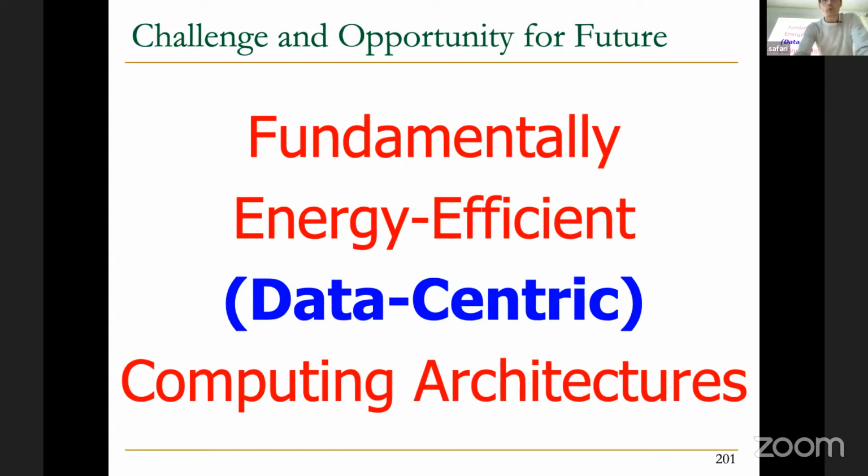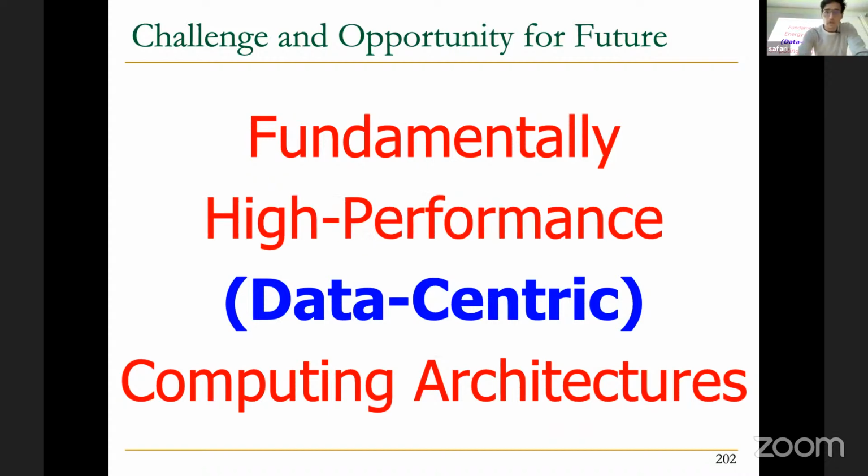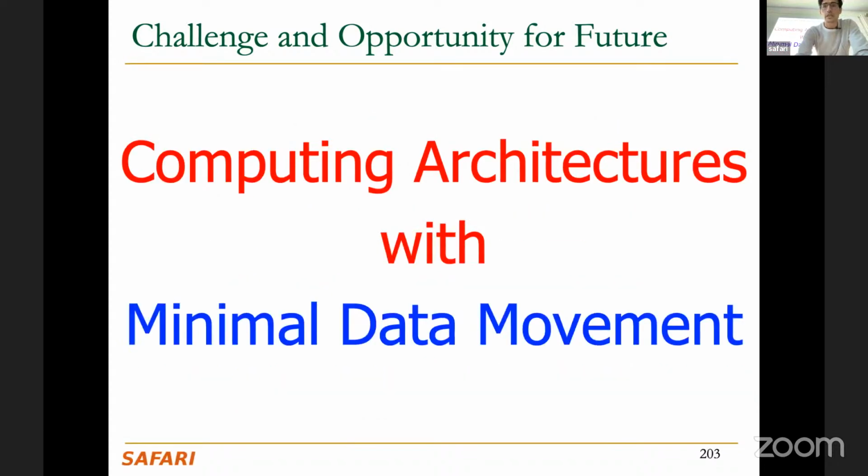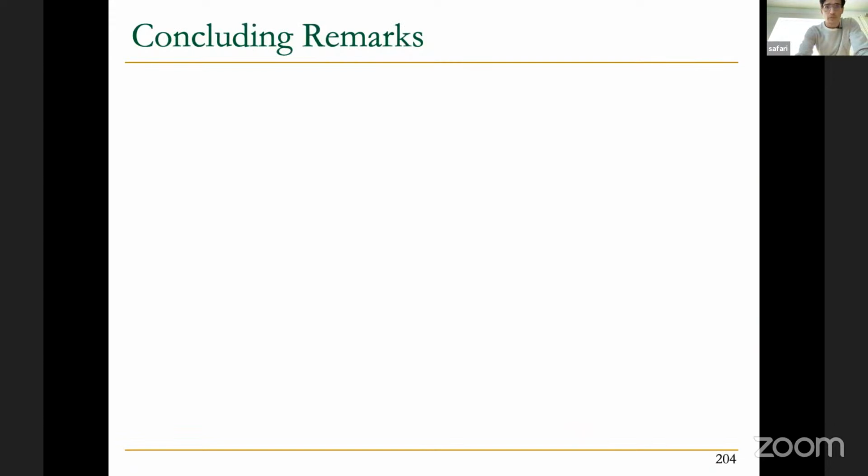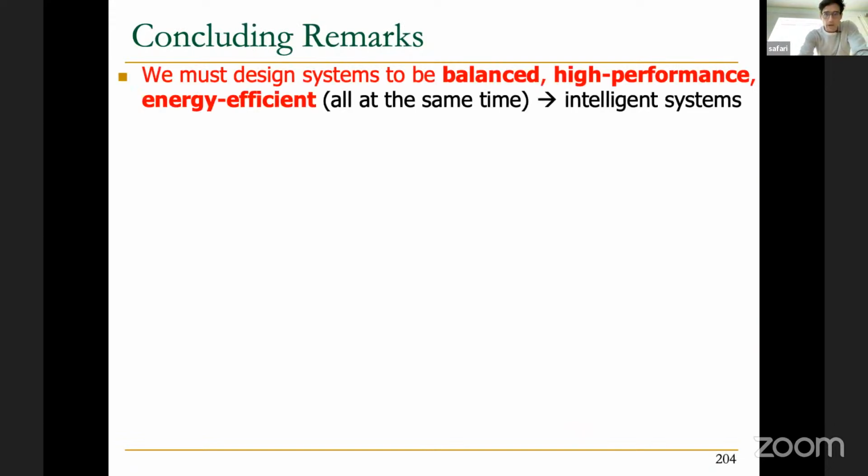And we have the opportunity to build fundamentally energy-efficient, data-centric computer architecture, fundamentally high-performance computer architecture, and basically computing architectures with minimal data movement. Some concluding remarks here: we must design systems to be balanced, high-performance, and energy efficient, all at the same time.